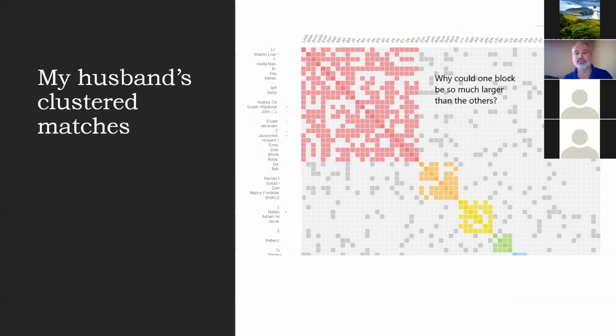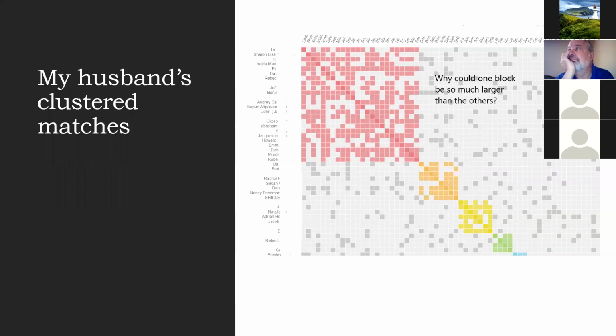The first one is that the red block, the first block there, is enormous compared to the others. So why could one block be so much larger than the other? That's a question we might have. The other thing you might notice is, compared to the one we saw earlier with my father, there's a lot more of those odd gray squares.